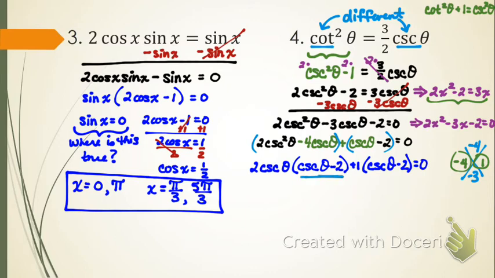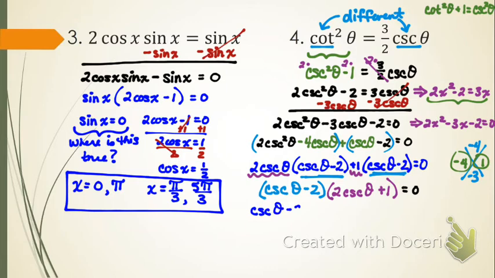So here's one of my factors: cosecant theta minus 2. And this is my other factor, 2 cosecant theta plus 1. What to do with each factor? Set it equal to 0.